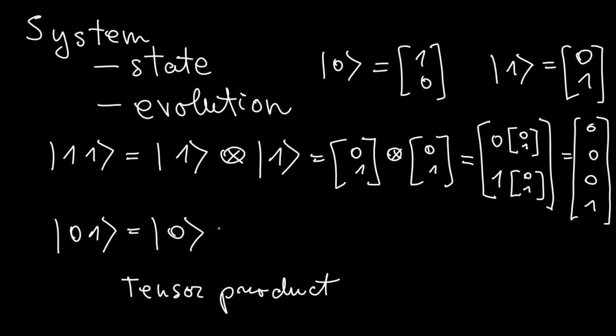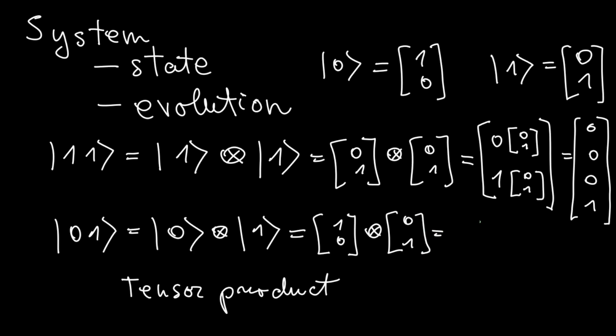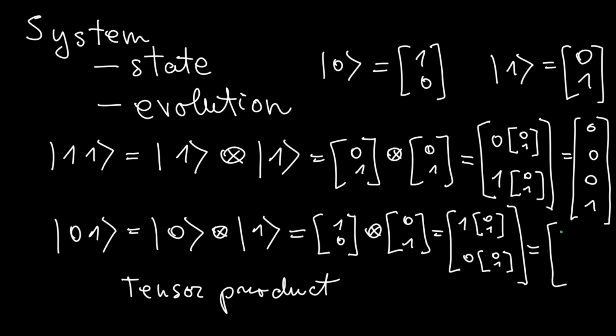Now I'm going to show you. Tensor product again, now it's going to be 1, 0 tensor product 0, 1. Again, picking the first one and multiplying each entry by the second one, and we get 1 times 0 is 0, 1 times 1 is 1, 0 times 0 is 0, 0 times 1 is 0.